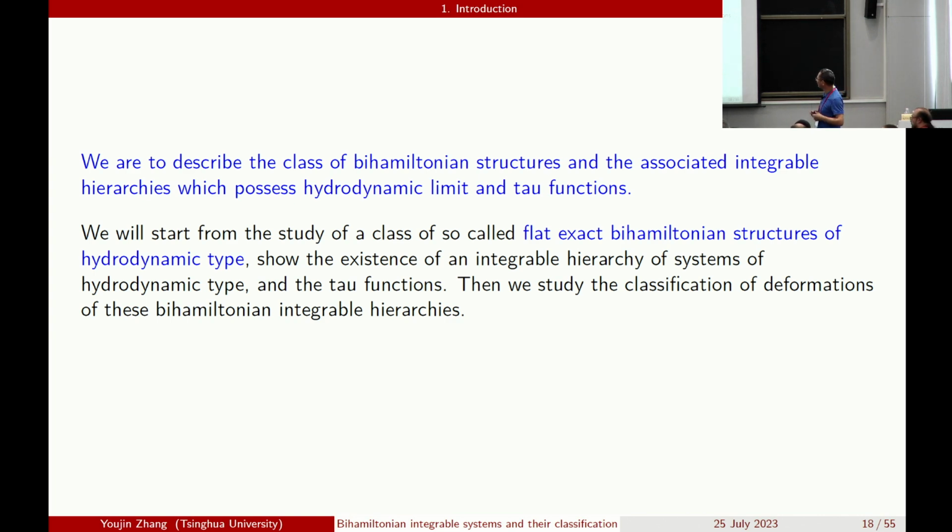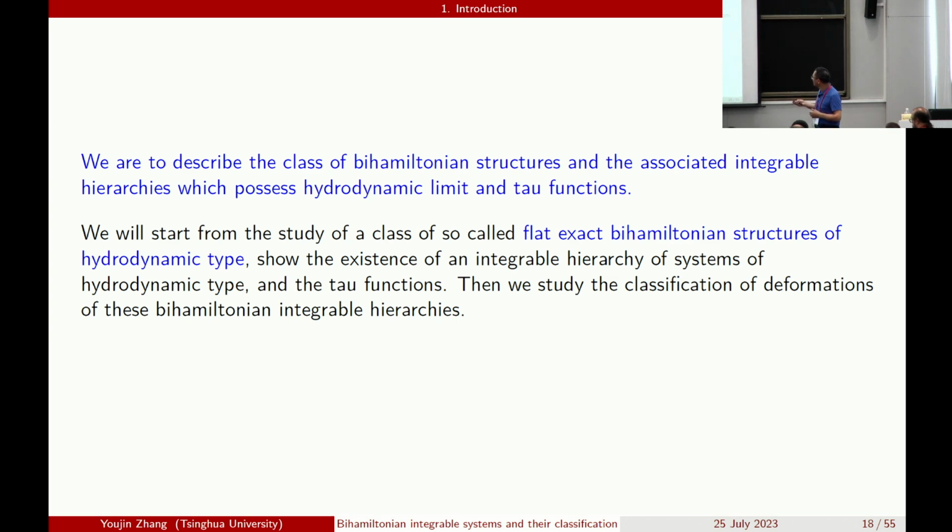Our approach is to first study the so-called class of flat exact bihamiltonian structures of hydrodynamic type, and show that for this class we can always associate an integrable hierarchy of hydrodynamic type which possesses tau functions. Then we consider its dispersive deformations, to study the classification of deformations of these bihamiltonian integrable hierarchies of hydrodynamic type.